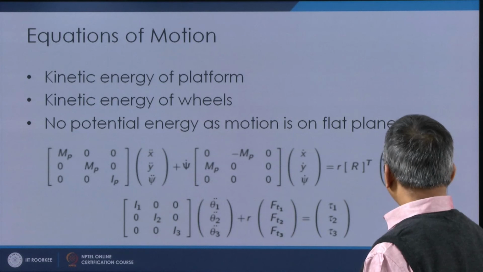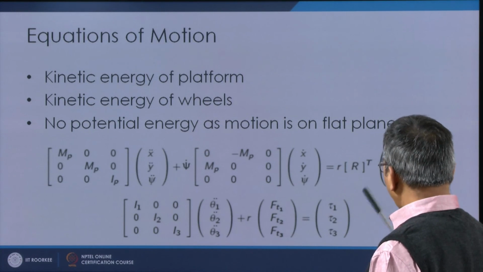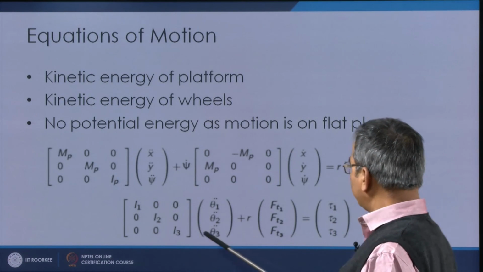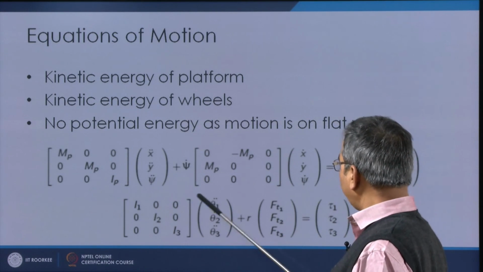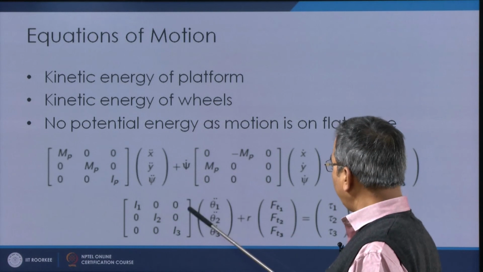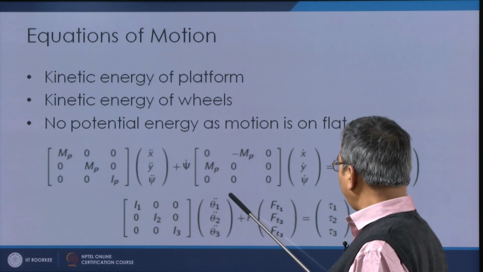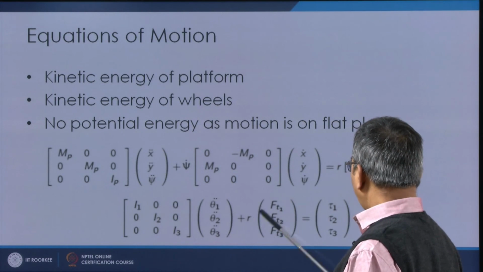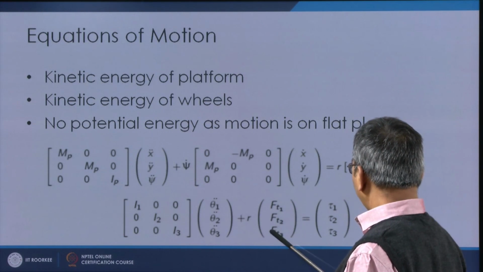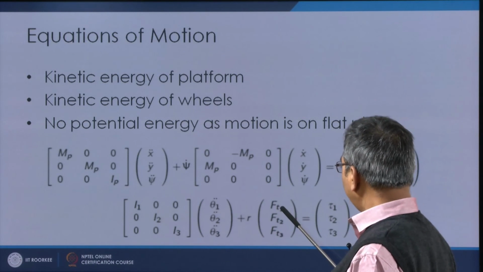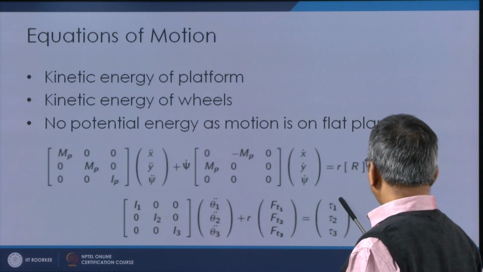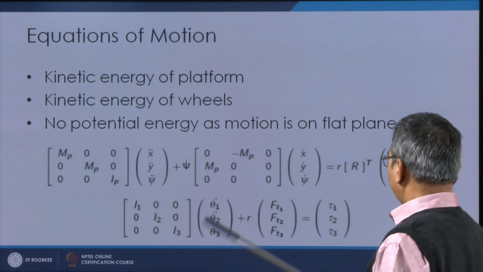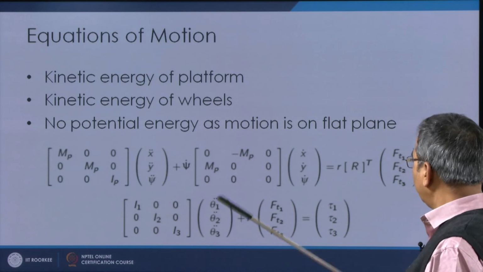These traction forces we can find out from this equation, which is nothing but the expression for the individual wheels. Here we have I1, I2, I3 and the wheel accelerations plus R into Ft1, Ft2, Ft3, that is the traction torques, and these are equal to the torques of the individual motors applied on the individual wheels.